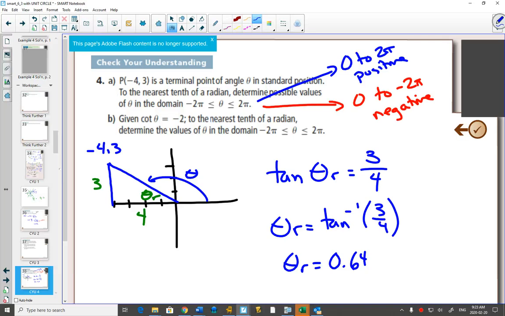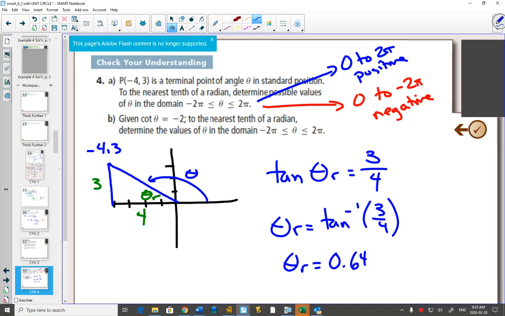So my positive one is here in blue, right? Starting at 0, 0 to 2π is going once around. Can you see going once around, I only get to this terminal arm once. What would that angle be?